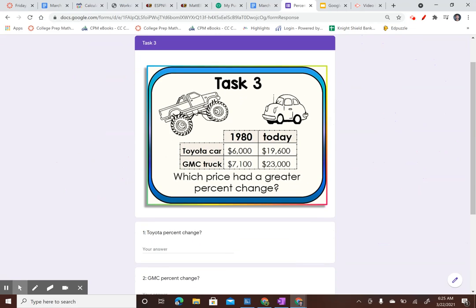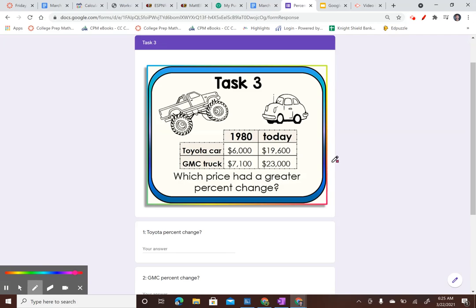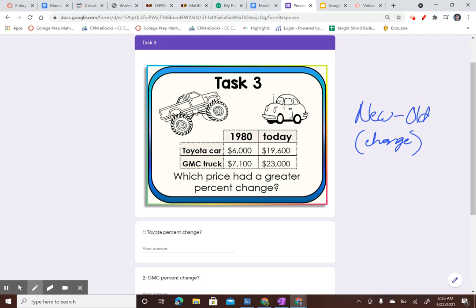All right, now I'm looking at the next task card, and I'm comparing the price of a Toyota car from 1980 to today and comparing the price of a GMC truck from 1980 until today. Let's go ahead and start with the car here. So I need to figure out my new cost minus my old cost because that's going to give me my change in price. All right. And then I need to divide it again by my original cost back in 1980.